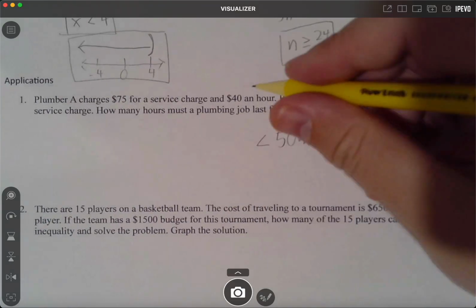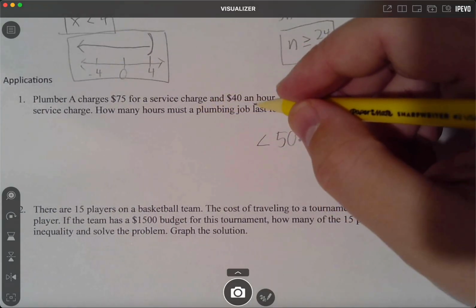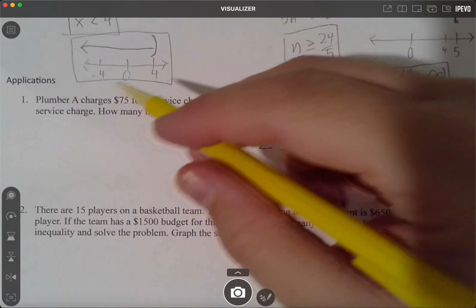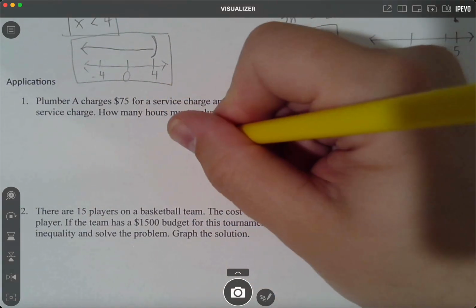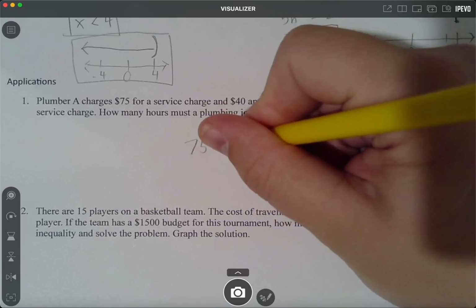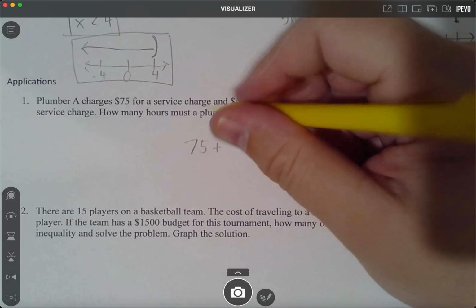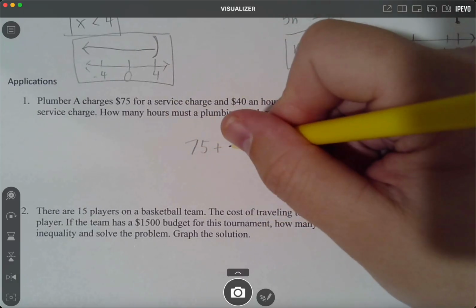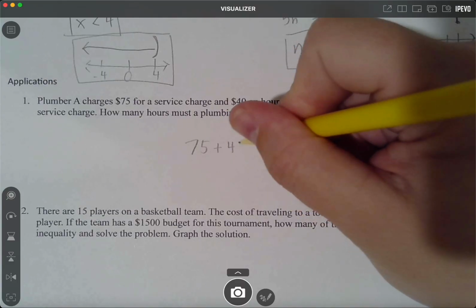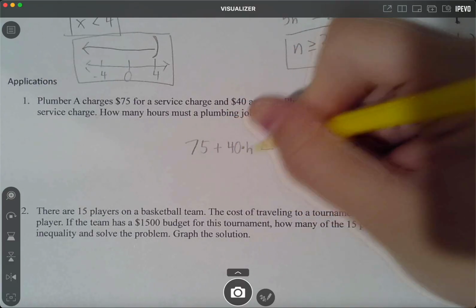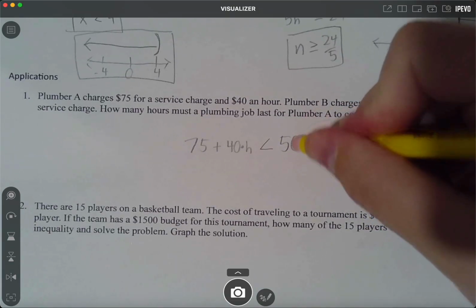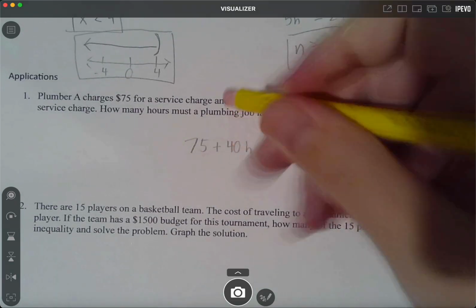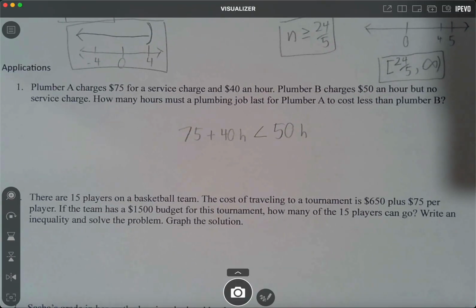Now on the other side, we've got a little bit more going on here because they say we are charged a 75 service fee and then 40 an hour. So that means there's 75 just no matter what, no variable. 75 is what they charge just for coming out to the property essentially to look at it. And then 40 an hour. All right. Now I don't need the multiplication dots here. I can just write 50h and 40h, but I was just building up to it as we go.